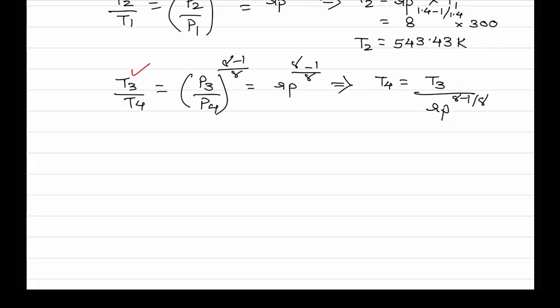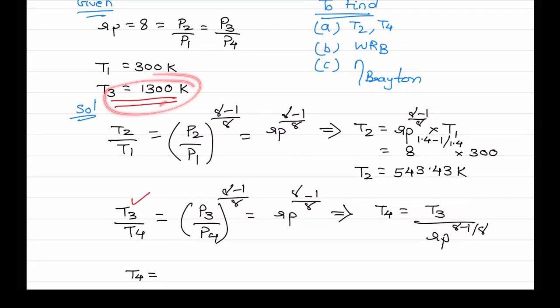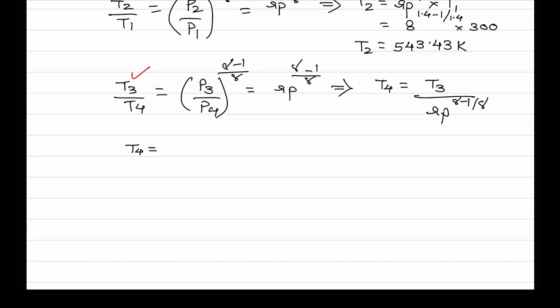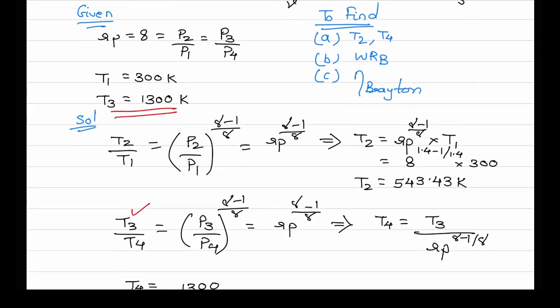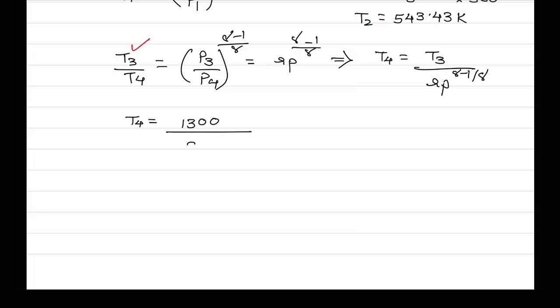So T4 is equal to the T3 value. What was the T3 value? T3 value is 1300. So 1300 upon Rp, which is 8, raised to gamma minus 1 upon gamma.